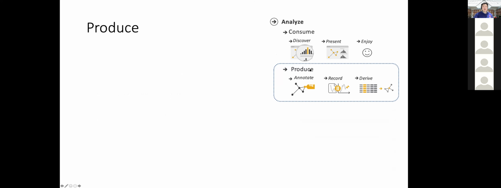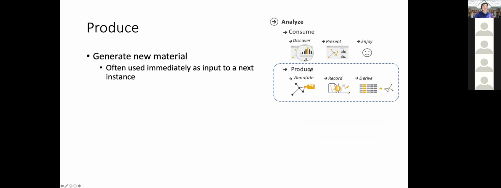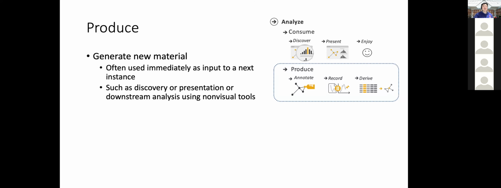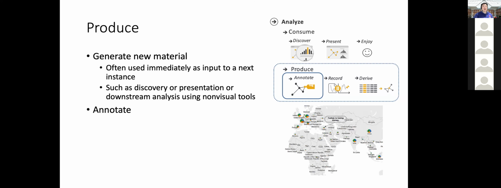Then we're going to talk about produce, where you actually need to generate something new. The first example of produce is annotate, where you add a little bit of extra information to, for example, the visualization.